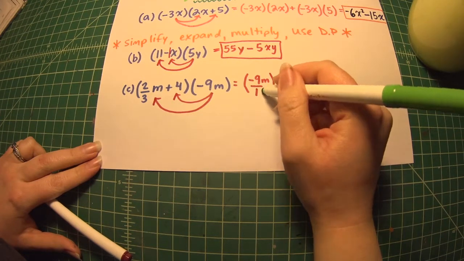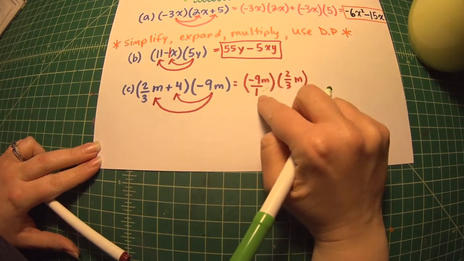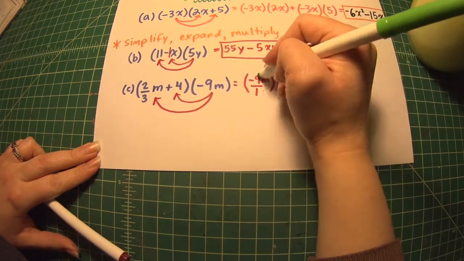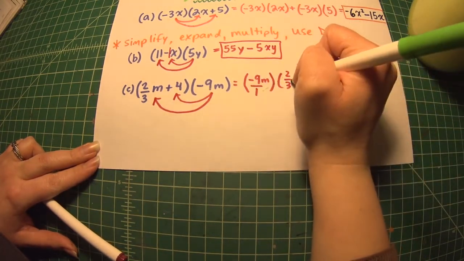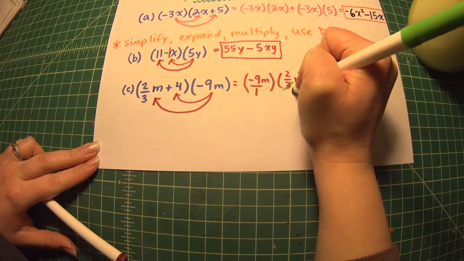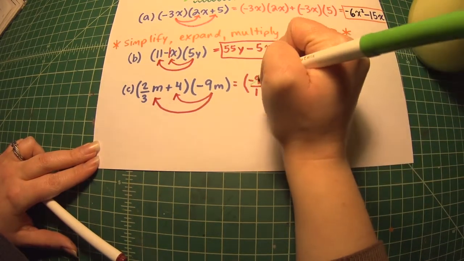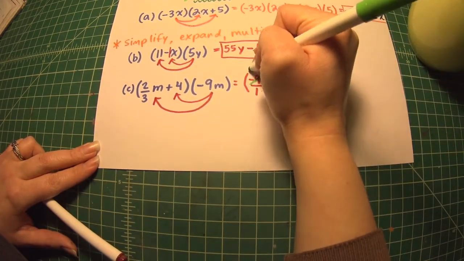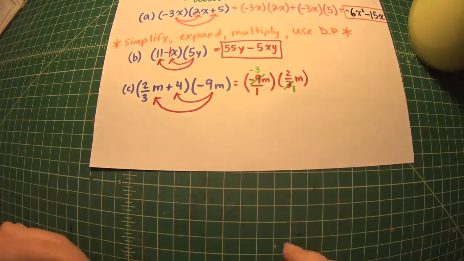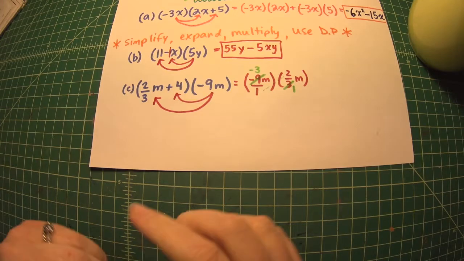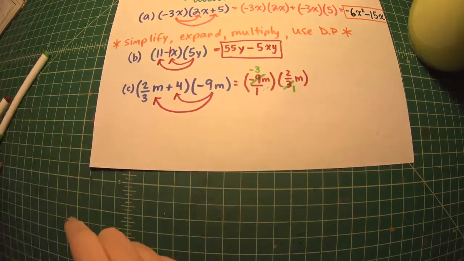This way, definitely can't because 1 is already as low as we can go. But between 3 and 9, well, those are both divisible by 3. So 3 divided by 3 gives me 1. Negative 9 divided by 3 gives me negative 3. Okay. And let's expand out the other one too.